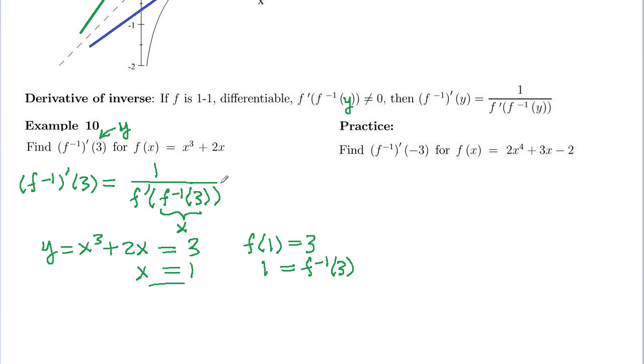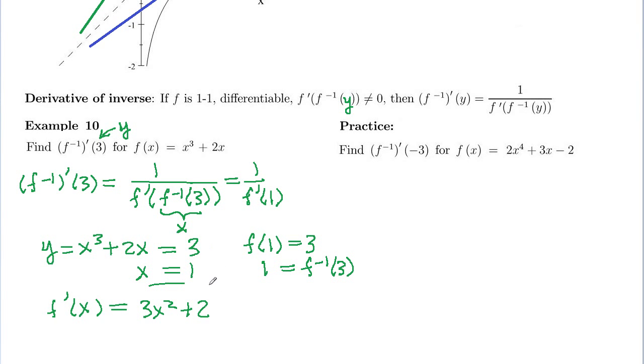So this is a 1. This is 1 over f prime at 1. So now we just need f prime at 1. Well, our f of x is x cubed plus 2x. So f prime of x is going to be 3x squared plus 2. That's just power rule, right?